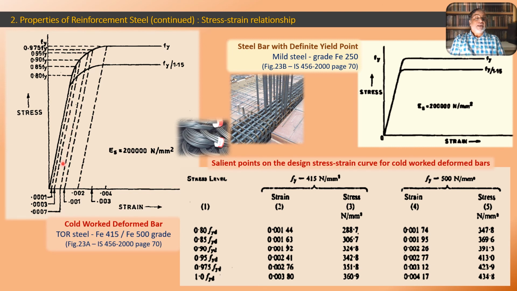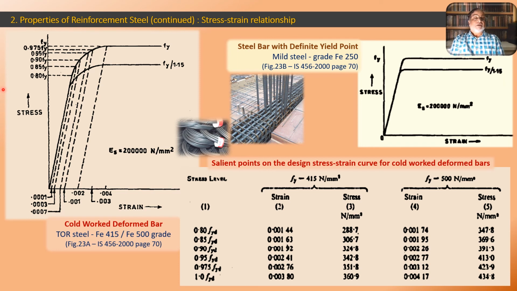So if you need some intermediate values for 0.001 strain, all these strain values and the stress values are given. So here we find this 0.002 critical value where the straight line portion starts. So this is the stress strain graph for TOR steel, or even we can use it for the TMT steel also.